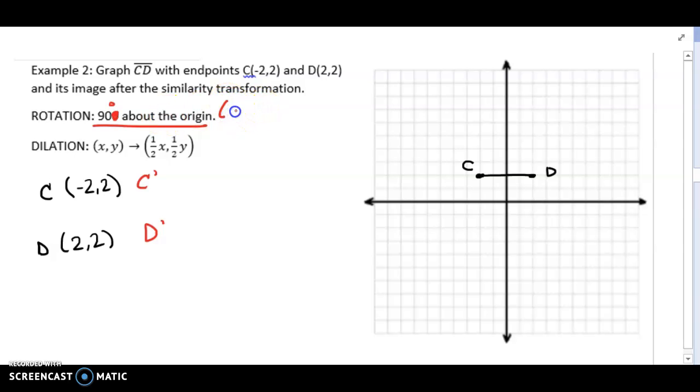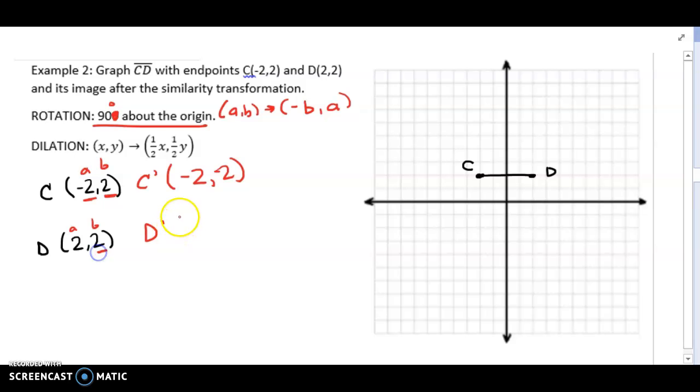Okay, if you look, the rule for that is (a, b) goes to (-b, a). Remember, this is my a, this is my b. So my C prime, if I go (-b, a), so negative b would be a -2. My a is a -2.